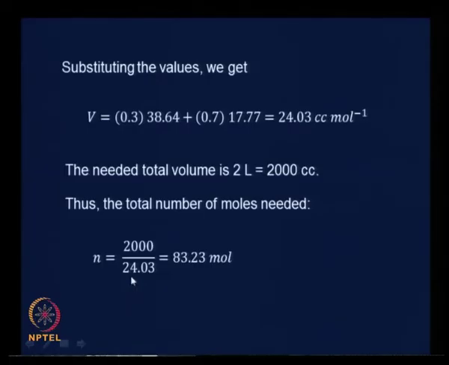In other words, if 1 mole occupies 24.03 centimeter cube per mole, how many moles would be required to occupy 2000 centimeter cube? That is the unitary method that we are using here. Therefore, the number of moles is 2000 divided by 24.03, which turns out to be 83.23 moles. So this is the total number of moles of the solution that we need.